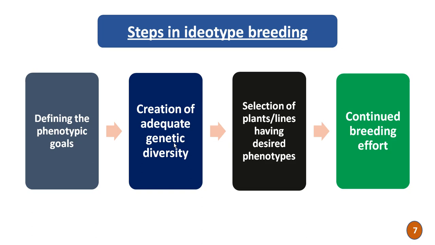The third step is selection of plants or lines having the desired phenotype. The segregating generations, that is F2 and onwards, are handled according to a suitable breeding scheme to isolate a number of lines which exhibit the desired level of the trait under modification.